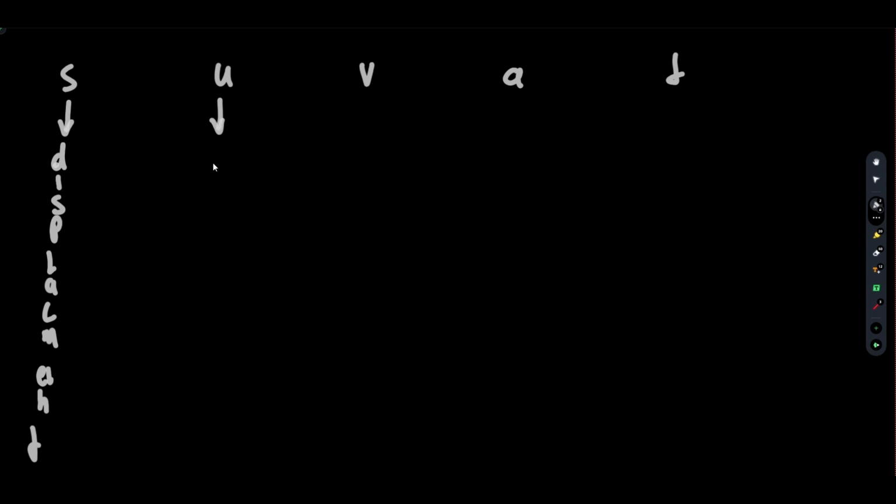U is initial velocity. I'm just going to write velocity. But remember, it's initial velocity. This U and V are always velocity. This represents initial velocity, where V also represents final velocity. Remember to differentiate the two, so I'm just going to put an I in the front.